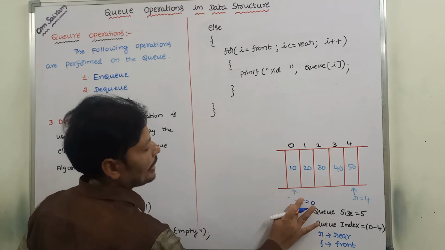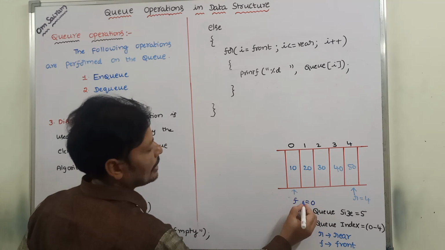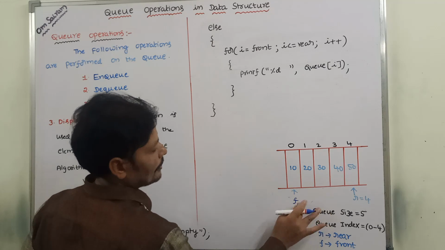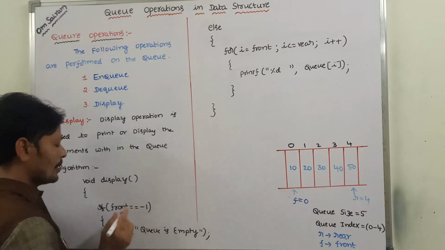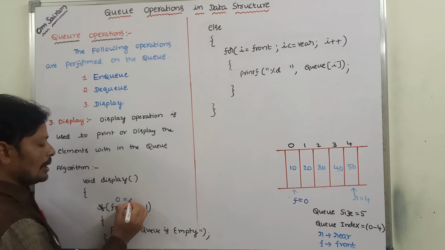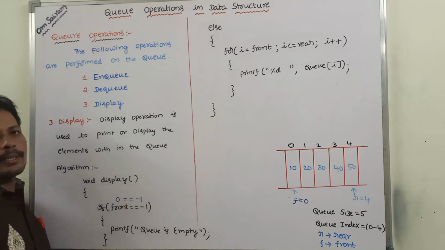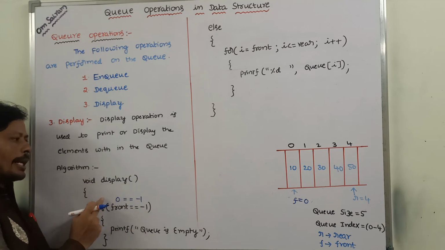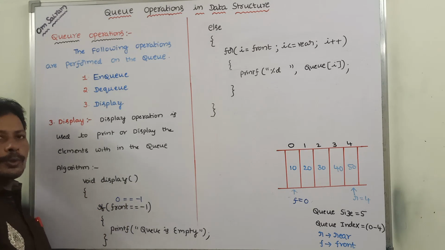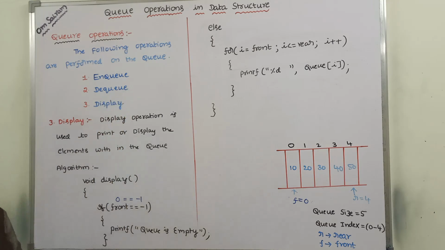So here I am writing f equal to 0. So f value is 0, 0 equal to -1? Condition false. If this condition is false, then control goes to the else block.